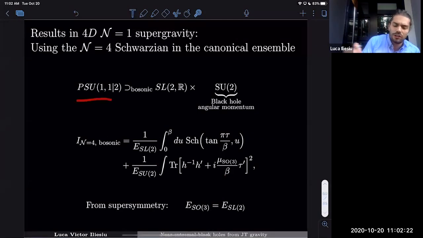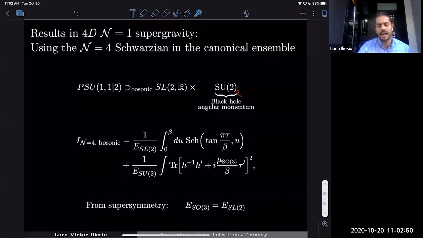So PSU(1,1|2) has an SL(2,R) times SU(2) subgroup, and the SU(2) is an R symmetry of the theory. And it actually corresponds to the black hole angular momentum. So in the same way that we had an SU(2) gauge field previously that captured the black hole angular momentum, this time this comes from an SU(2) R symmetry gauge field in 2 dimensions.